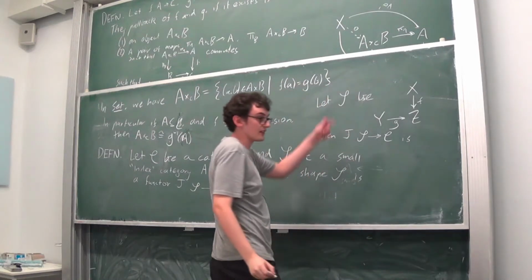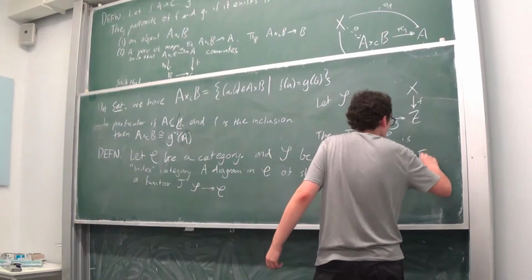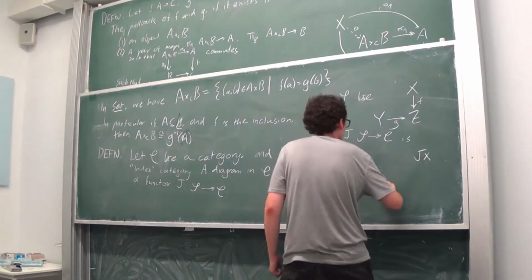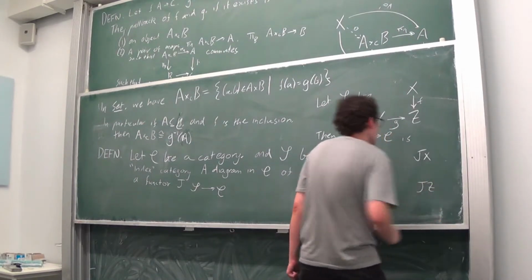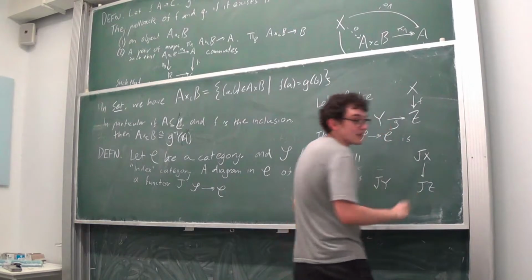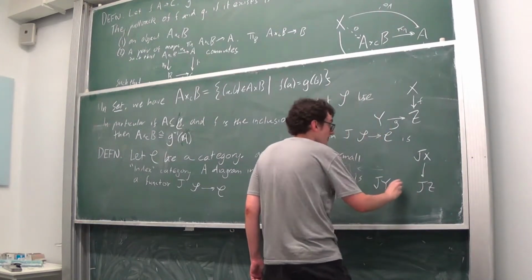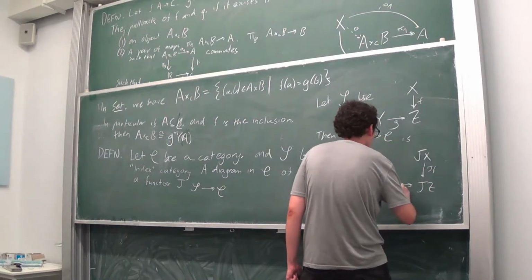Well, it consists of the data of 3 choices of objects, and we can choose them to be whatever we like. So Jx, Jy, and Jz. And then 2 choices of morphisms, because again, you don't have any choices over where you send the identity, so we may as well not worry about them. So that's going to be morphisms called Jf and Jg.